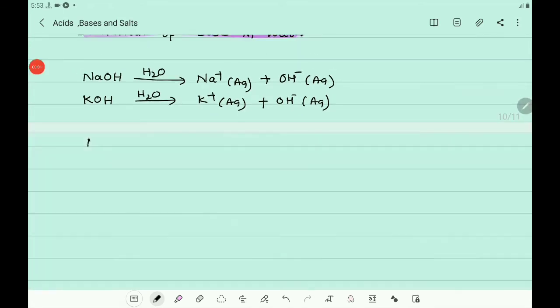If you take magnesium hydroxide, Mg(OH)2, a solid, when it is dissolved in water, then you will get Mg 2 plus aqueous ion plus 2 OH minus aqueous ions.